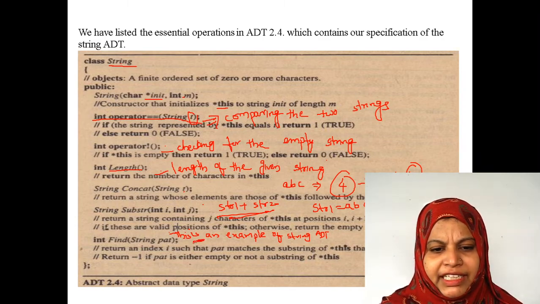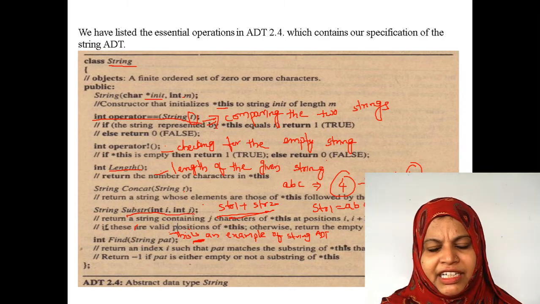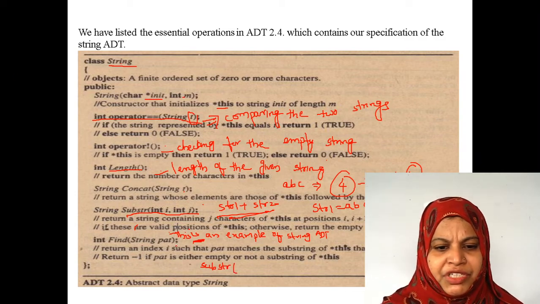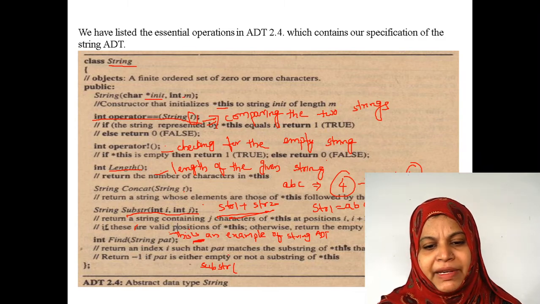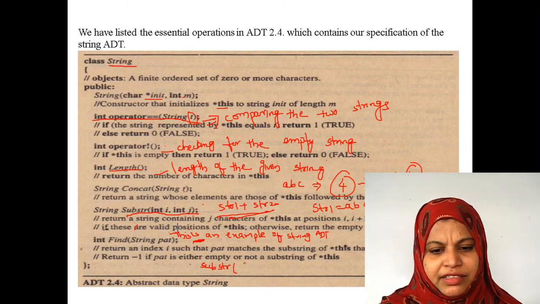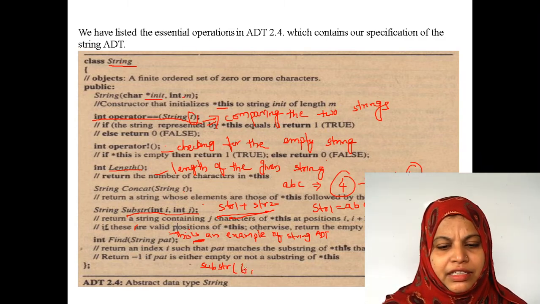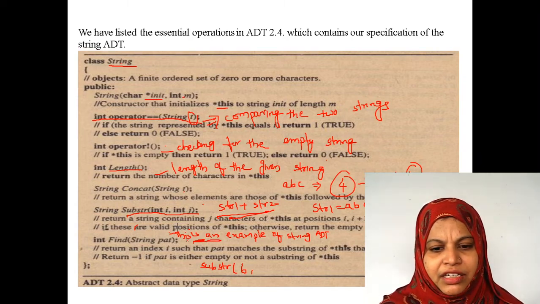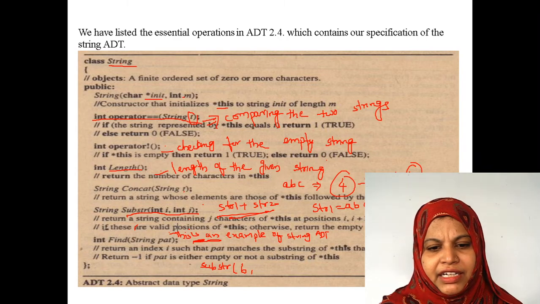In that particular case, I am using the substring function, substring int I comma int j. Here, what is my I position? 1, 2, 3, 4, 5. Here, 5 is the blank space, so 6. For example, I want to read from 6 comma 10. So 6, 7, 8, 9, 10.